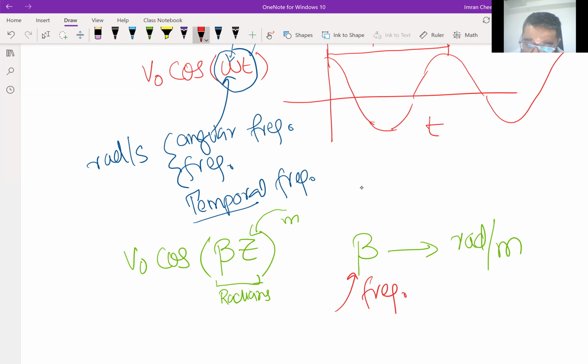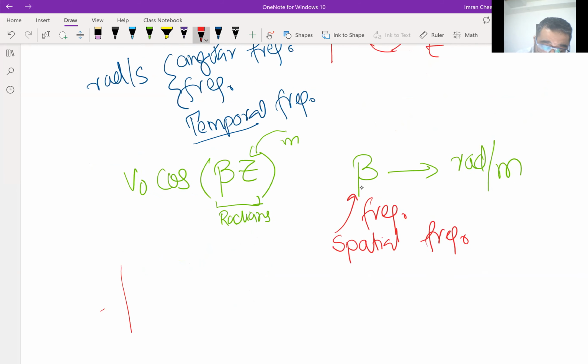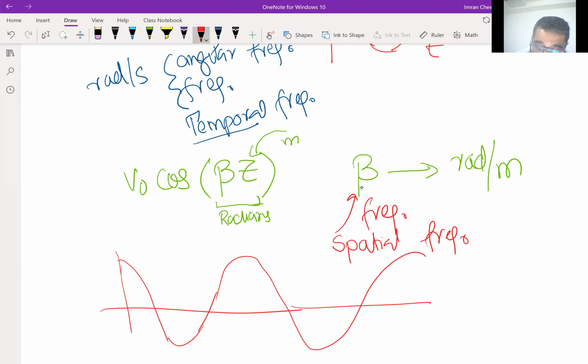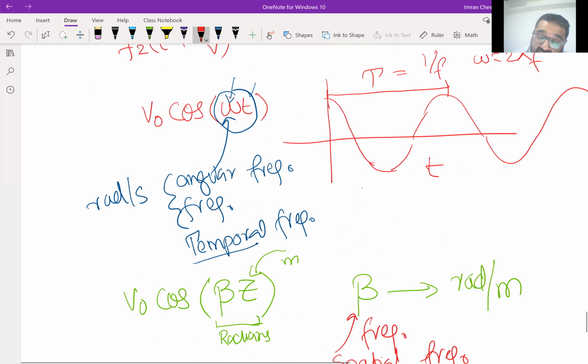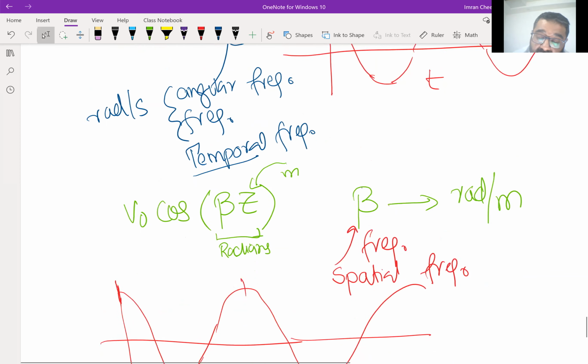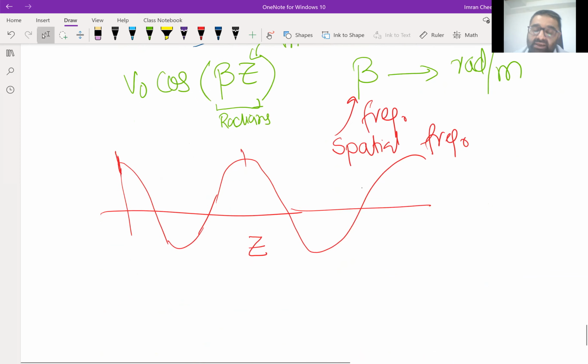If you call omega a frequency, you will call beta a frequency. But I'm going to call this a spatial frequency. Fundamentally nothing changes. The variables change. This is again a cosine, on the axis of z, in the same way as this was on the axis of t. But here beta is the spatial frequency.